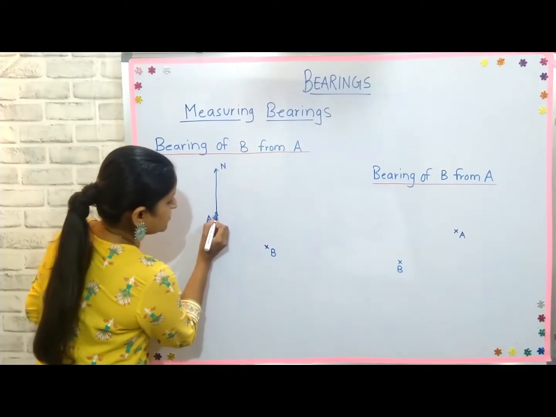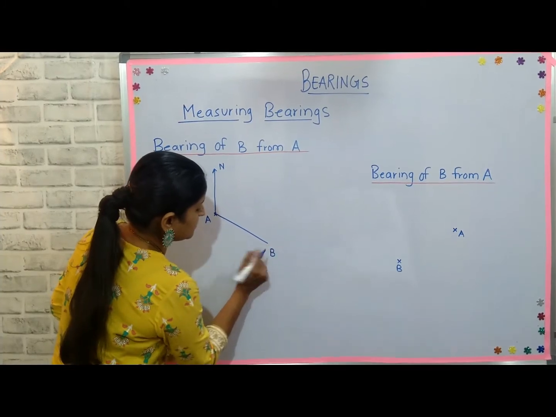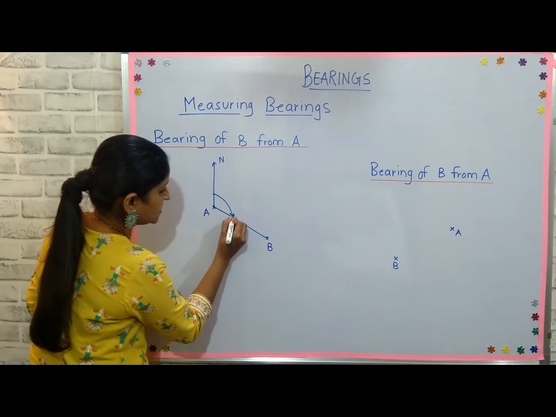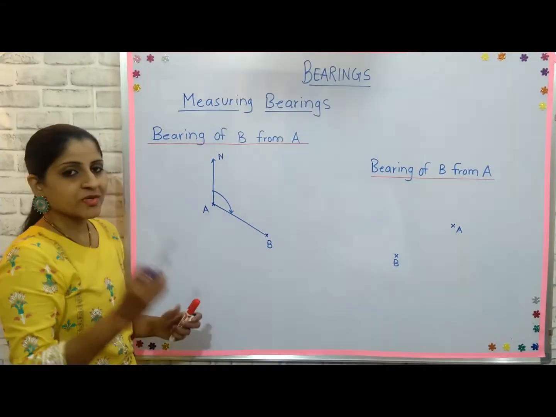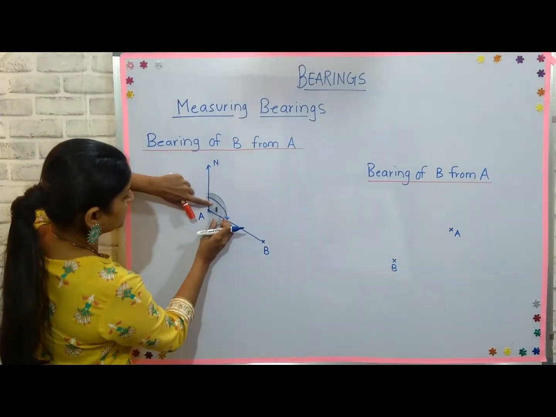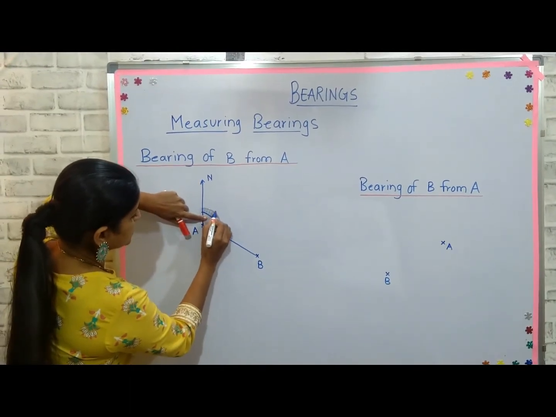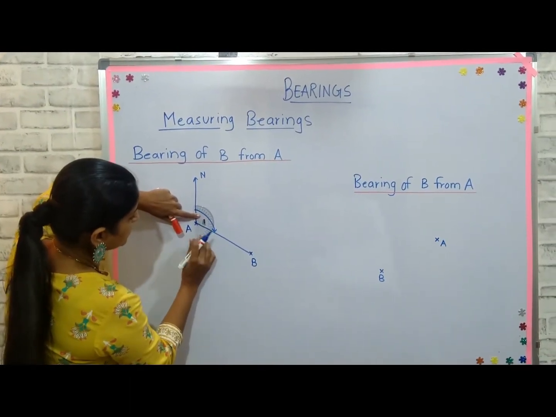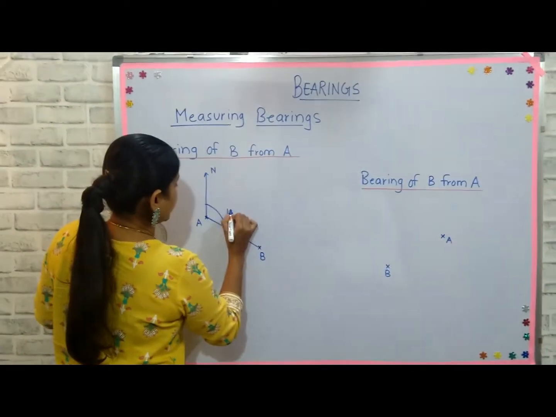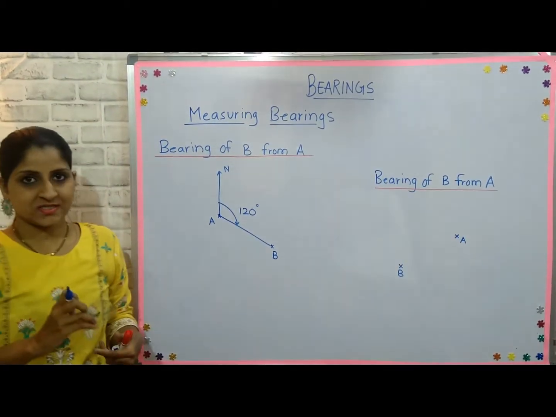The second step is to join A and B. Then we measure this angle in a clockwise direction. I can use a protractor, keep it here on A, and measure this angle. This angle comes out to be 120 degrees. So I will write: bearing of B from A is 120 degrees.